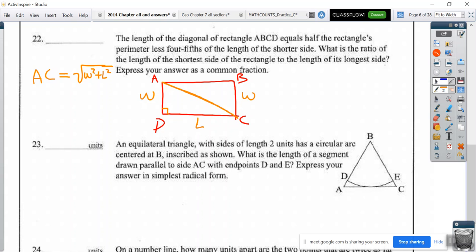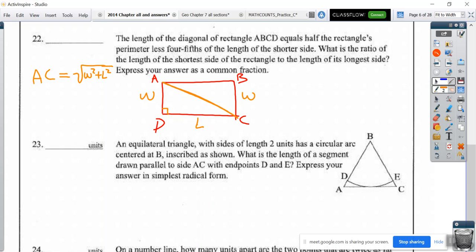Okay, so thumbs up if I'm following this so far, thumbs down if I'm not. Okay, and that's one of the equations we have. The other one's half of the rectangle's perimeter less 4/5 of the length of the shorter side.